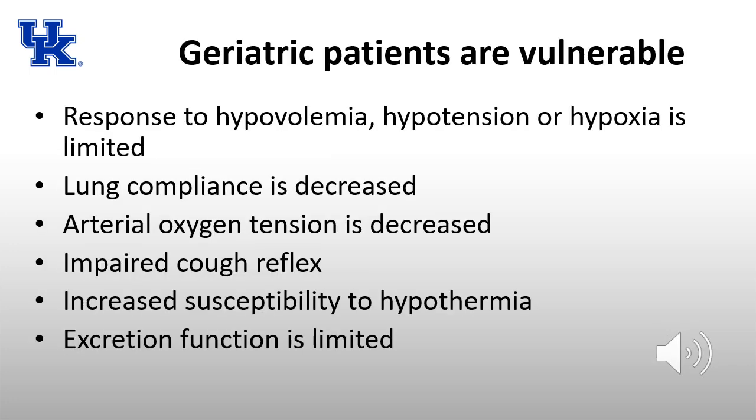Geriatric patients are vulnerable. The ability to increase heart rate due to challenges to maintain cardiac output is limited. So therefore, they have less ability to compensate for hypovolemia, hypotension, or hypoxia.